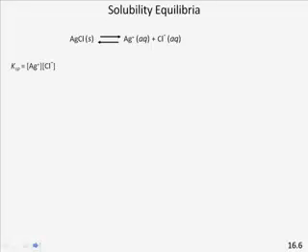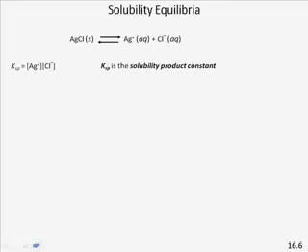So we would write this the same way as any equilibrium expression, products over reactants. But in this case, and in the case of all of these solubility equilibria, the reactant will always be a solid, and so it will not appear in our equilibrium expression.